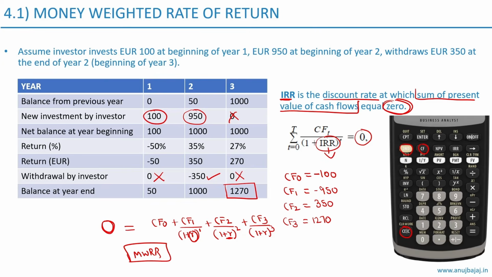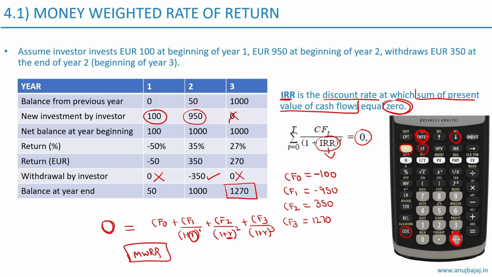Then you will see CF0 on the screen. You press 100 and then press the plus minus key, and then press enter. The value gets stored. Then press the down arrow key and you will see C01, which is nothing but cash flow 1. You enter 950, press the plus minus key, then again press enter and press the down arrow key.